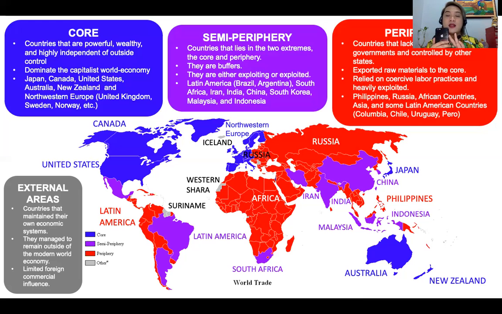Since the raw materials are transferred to the semi-periphery, such as China, which has a manufacturing company for this phone, then after it becomes this phone, it will be delivered to the core, where the multinational or transnational corporations are found. That's why the core gets the credit, the label of having this phone, and has the power to distribute this phone all over the world.